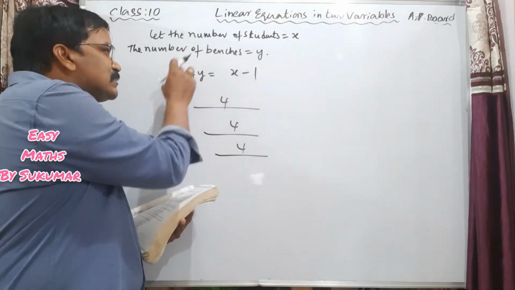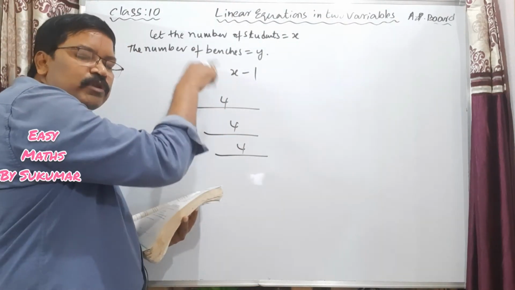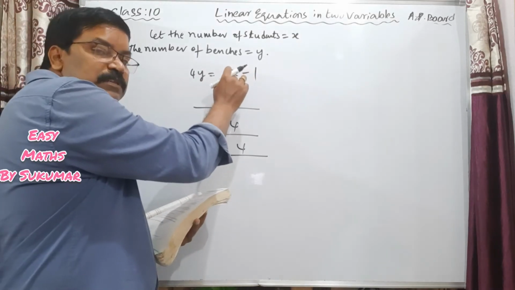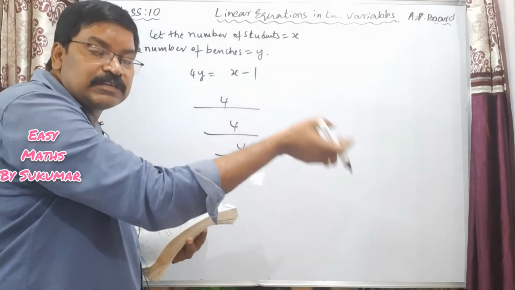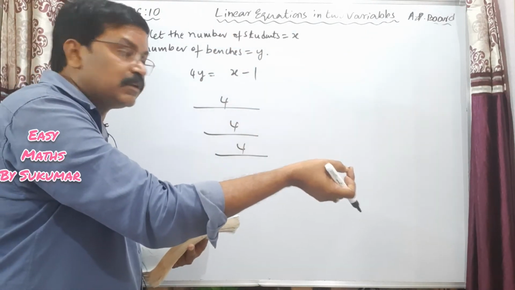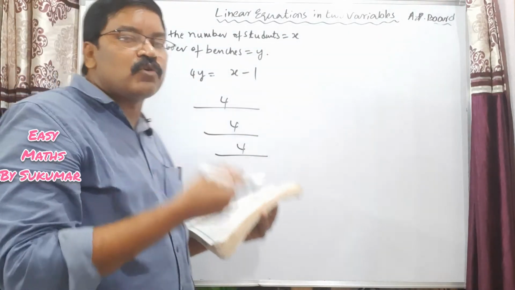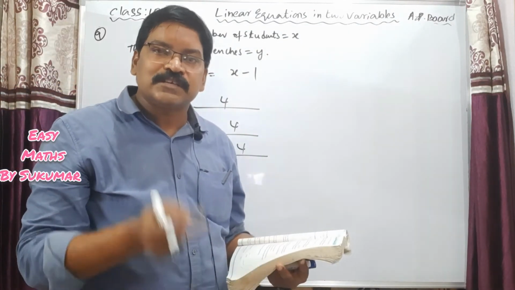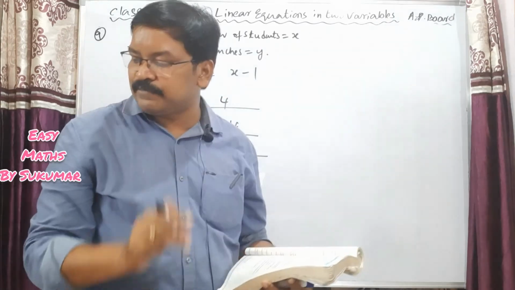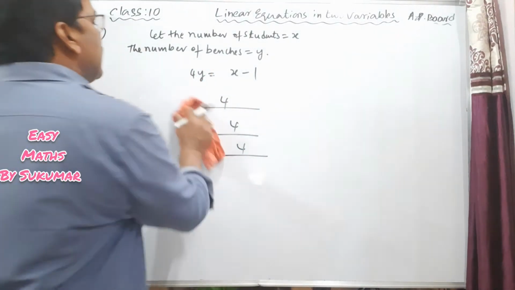That means the number of students minus 1. Why? If they are sitting 4 in each bench, 1 student will be left. Okay, that means x minus 1.